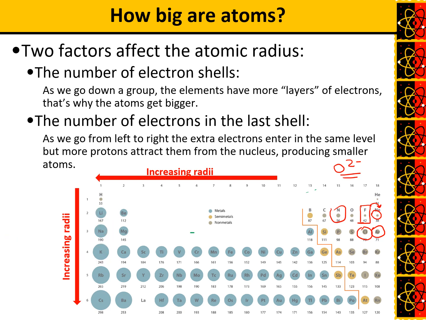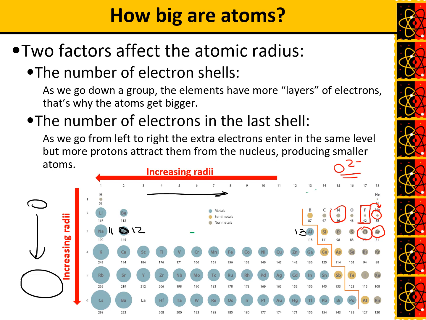So when we go from top to bottom in the periodic table, we are going to get from smaller to bigger. Now, what happens when we go from left to right in the periodic table? We are going to have the same amount of layers of electrons, but the charge, the amount of protons in the nucleus, are going to increase, because sodium has 11 protons, magnesium has 12, aluminum has 13.